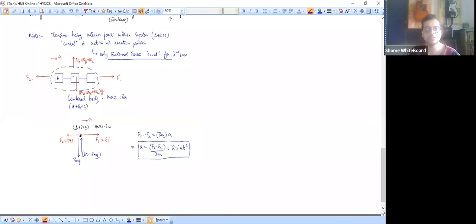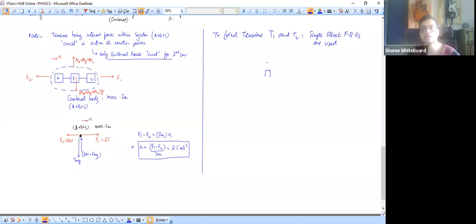So these blocks are A, B, and C. Now, to find out the tensions, okay, single block FBDs are used.